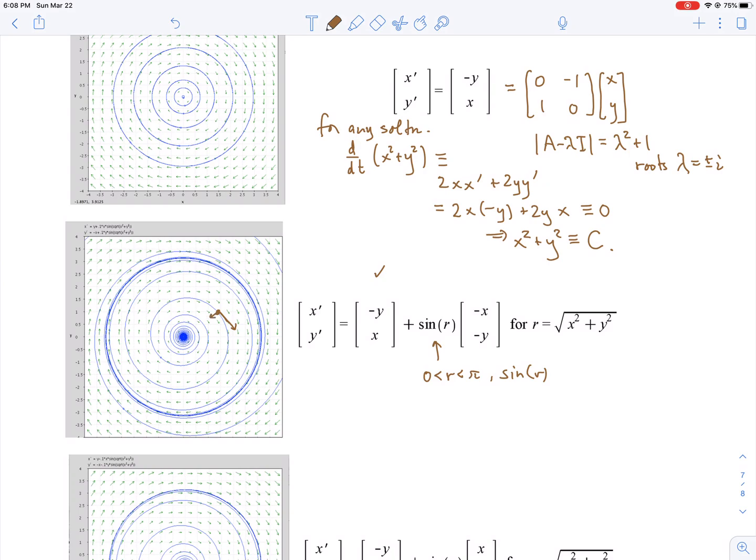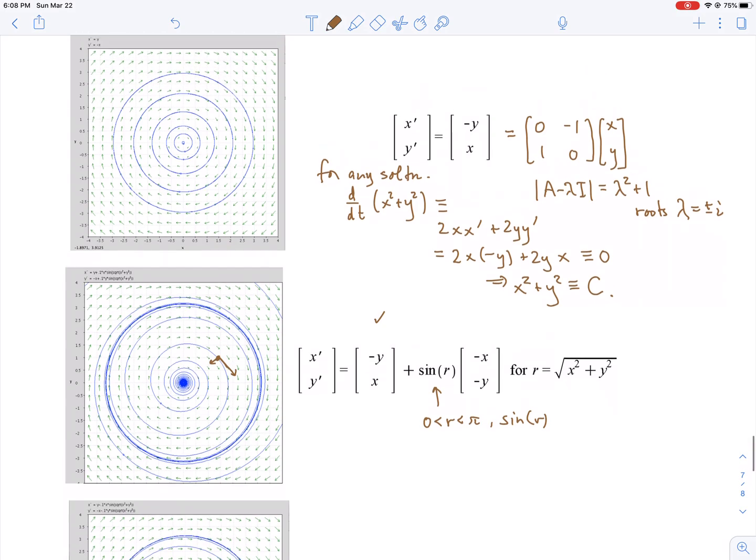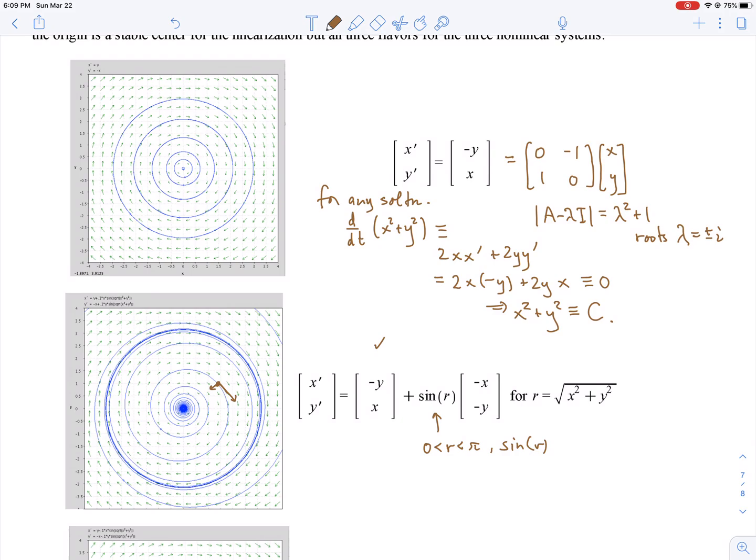And so the sum of those two vectors, instead of being tangent to a circle, would be the tangent vector for something which is pointing towards the origin. And as you can see from the picture, for the nonlinear system, you get a spiral sink. So in the first example, 0, 0 was a stable center.